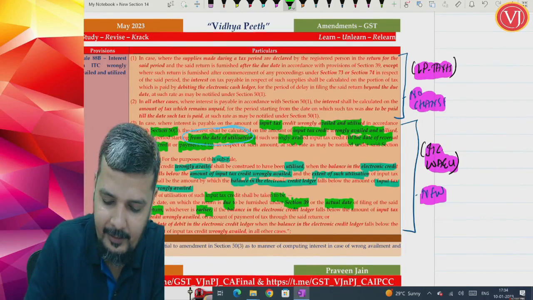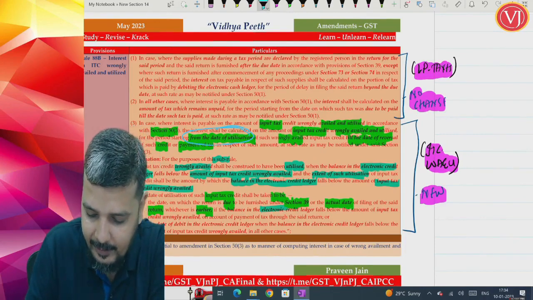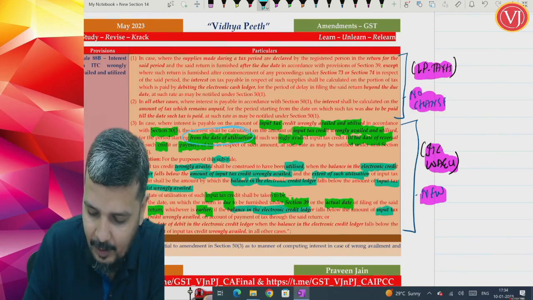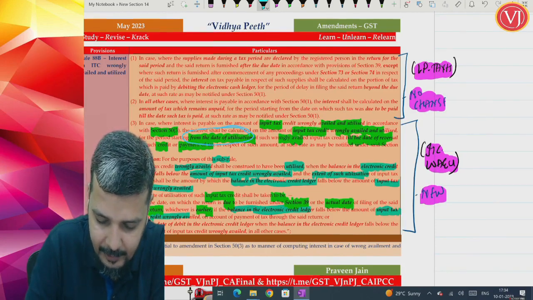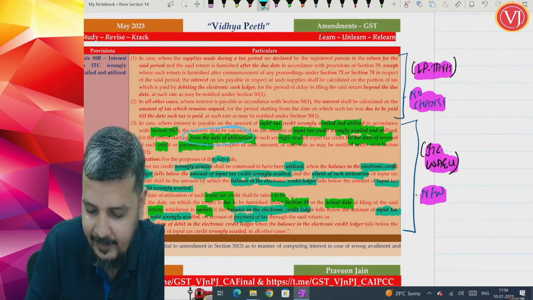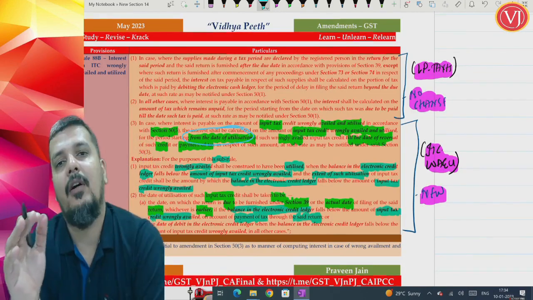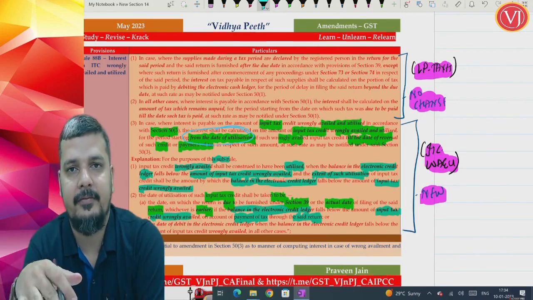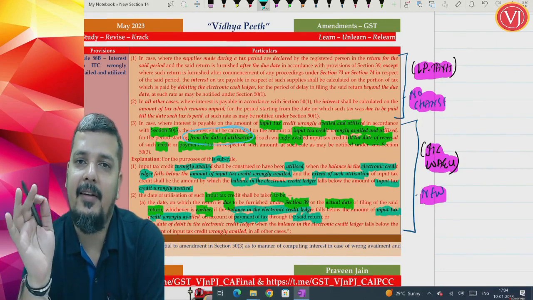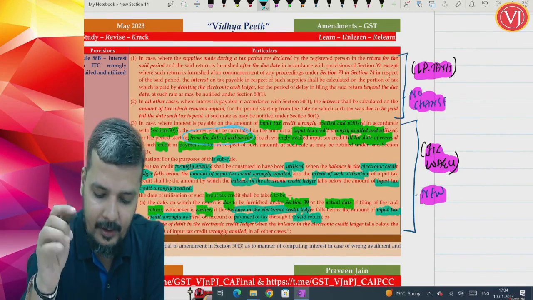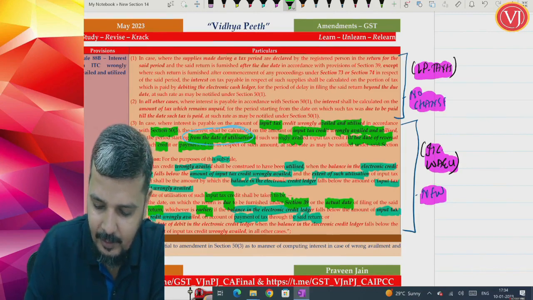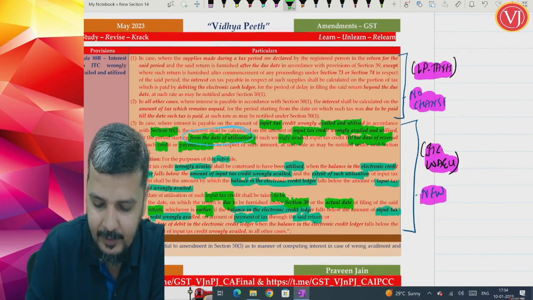In case the balance in the electronic credit ledger falls below the amount of input tax credit wrongly availed on account of payment of tax in the said return, if you are reversing that excess credit of 1.5 crores in the return, in that scenario the date of wrong utilization would be the due date of that return or the actual date of that return, whichever is earlier.